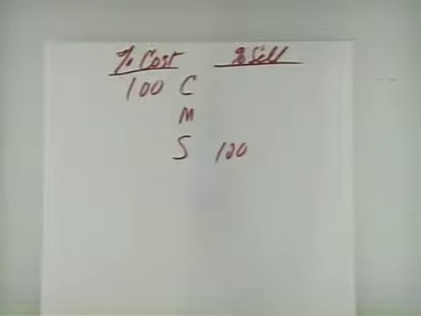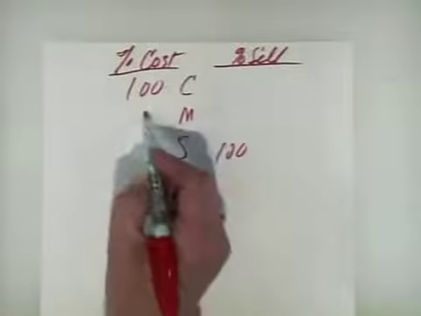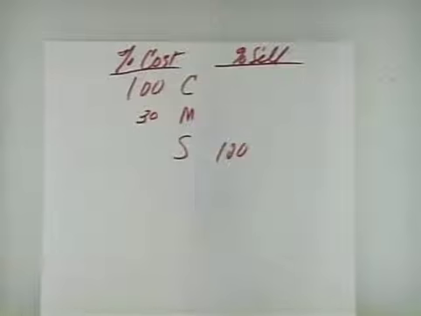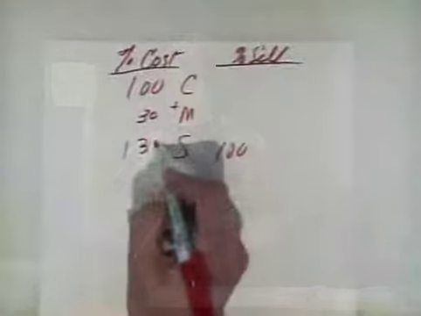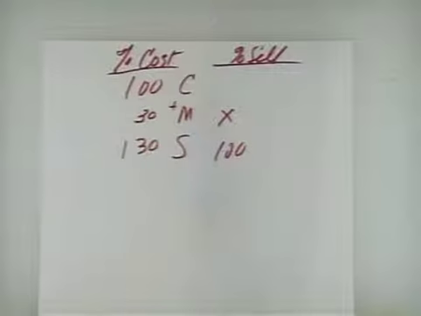I know that the markup on cost is 30%. Patrick, do your thing. What do we do next? Bottom on the cost is 130. Good. This is a markup, so we're adding. So this is 130, and I'm actually looking for the X.